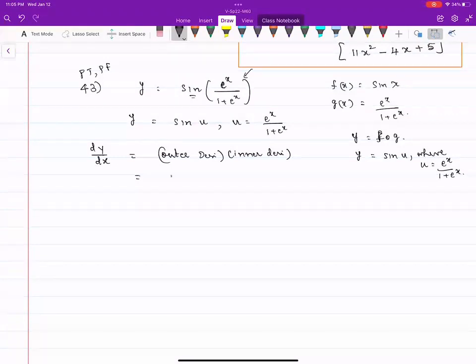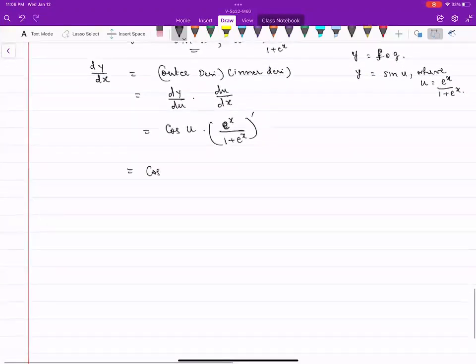So I can write that as dy by du times du by dx. The outer is the derivative of sine u, so it is cosine u. Keep in mind, we have to change the u back to x. Then the derivative of u, which is the derivative of the inside, e to the x over 1 plus e to the x.